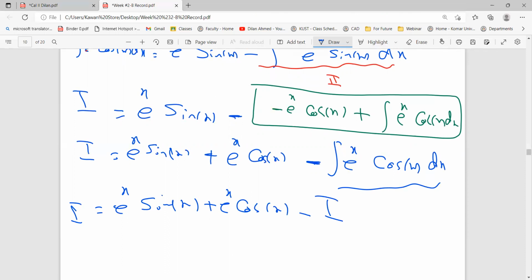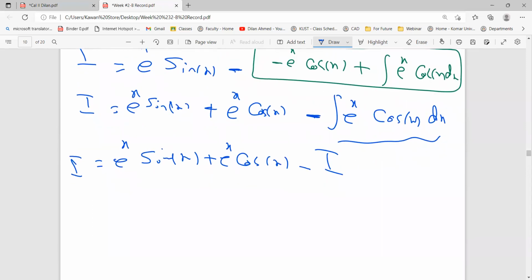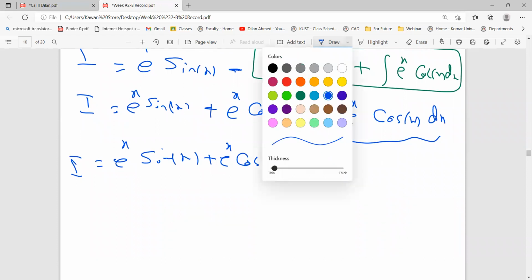So we solve the example and we got the same problem. So how do you solve that one? I'm going to bring that one to the other side. Look.